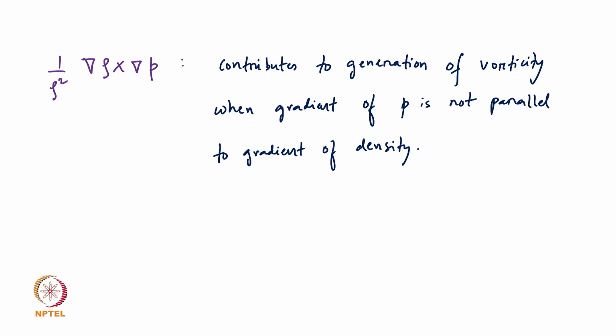Density is a function of other things, for example temperature, salinity, or other solutes which are present in the flow. Okay, so this is the baroclinic generation of vorticity.